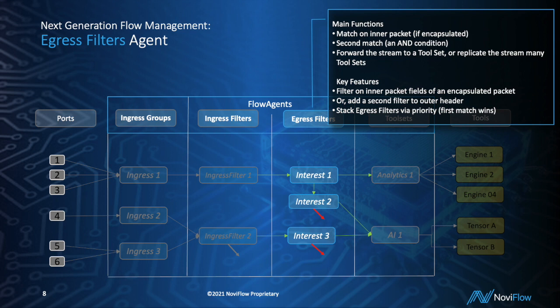We can do this second match, and think of this as an AND condition, if we have an inner packet. So some complexity you can do. And this group also forwards the stream to the toolset, or replicates them to many toolsets. We don't have an example in this simple one, but if I match here, I can send it to this guy and to this guy. So I'm getting into multiple toolsets.